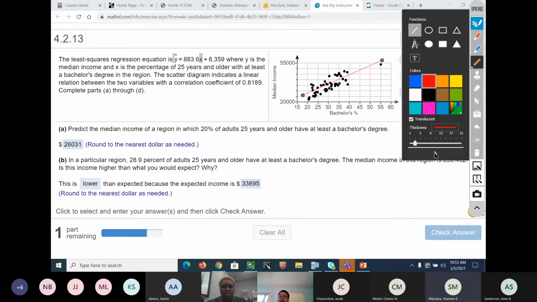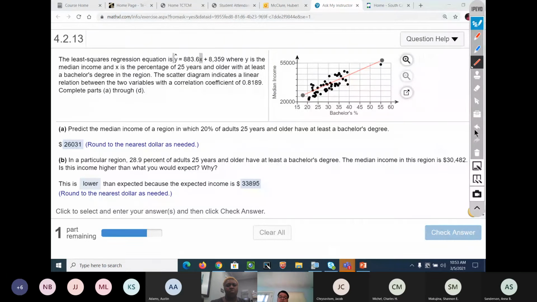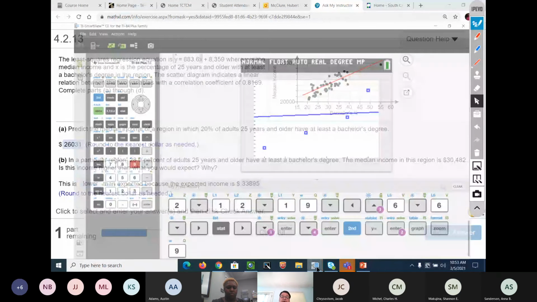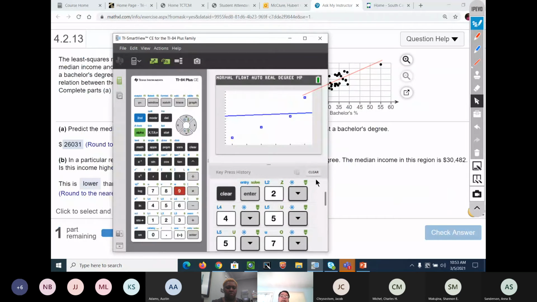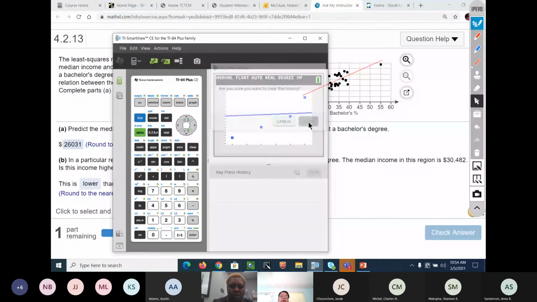So you need to put it in your calculator. So here's your calculator. And you punch in, I'm going to clear this. And I'm going to clear my y equals. I'm going to clear that, and I'm going to put that in there.